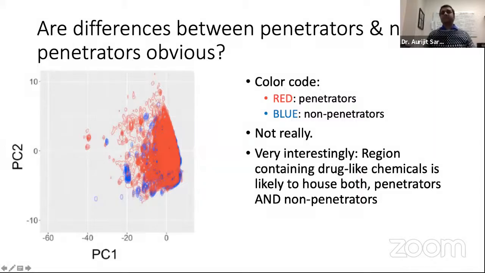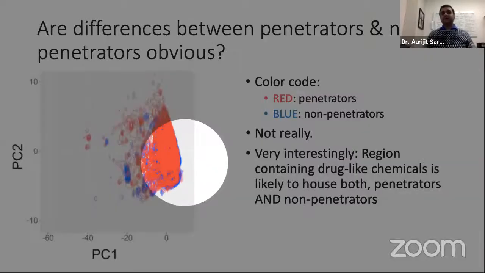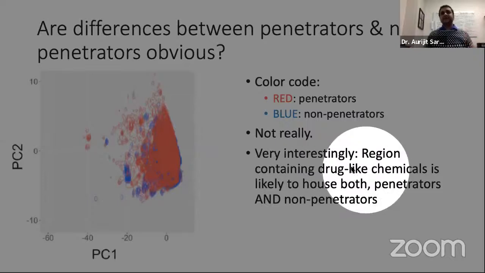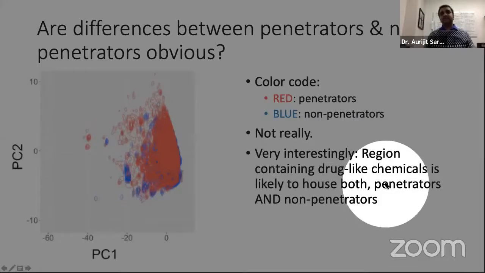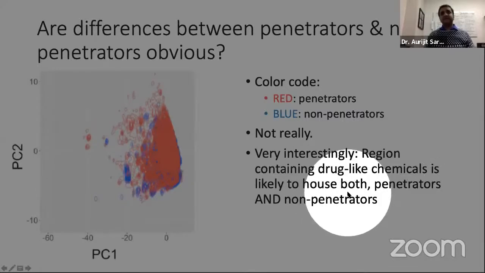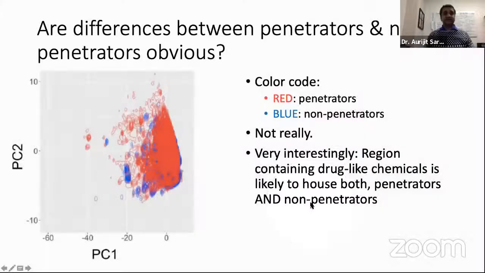Again, an important thing for us to note is that drug-like chemicals can house both chemicals that penetrate the bacterium and chemicals that do not penetrate the bacterium. We cannot discount chemicals that are drug-like as non-interesting to antimicrobial drug discovery.